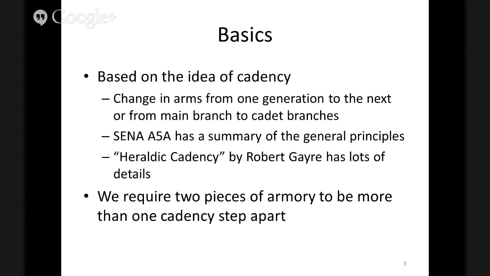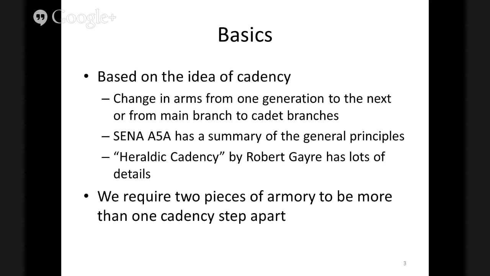Well, the oldest son would inherit the same device. For the second son, they would make a small change. Maybe they'd add some stars around the lion. Or maybe they'd change the lion from red to blue. Or maybe they'd change the background from white to yellow. These are called cadency steps. It's the smallest changes that were used in period to differentiate between arms of close relatives.